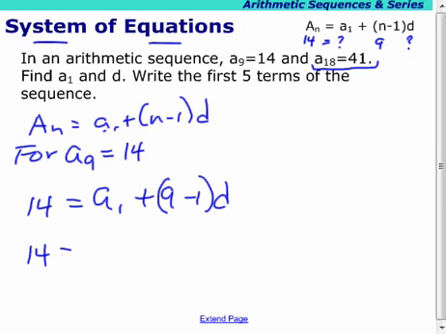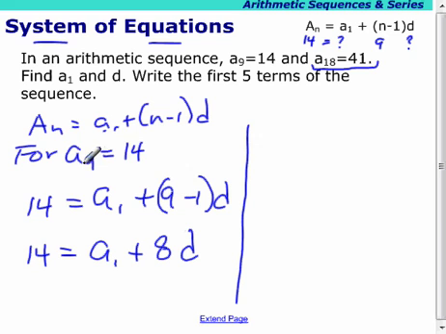So this works out to 14 is equal to a1 plus 8d. Okay, so that's for the 9th term. There's an equation describing the sequence using the information for the 9th term.